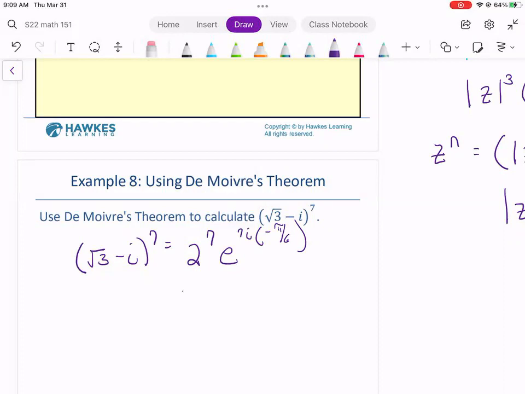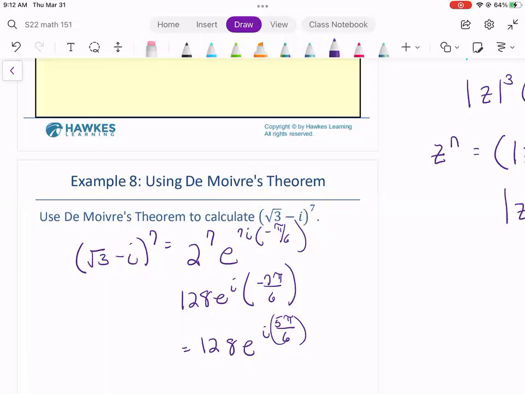And this leaves us with 128 e to the i times negative 7 pi over 6, or if we want to change that to a positive exponent, 128 e to the i 5 pi over 6.